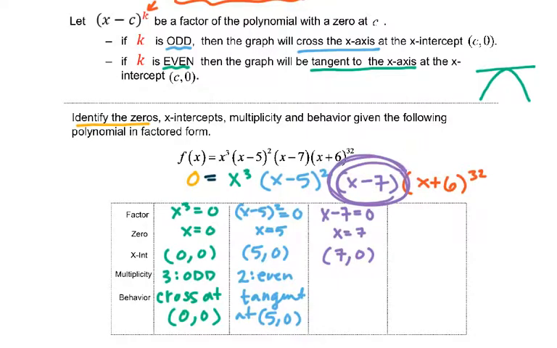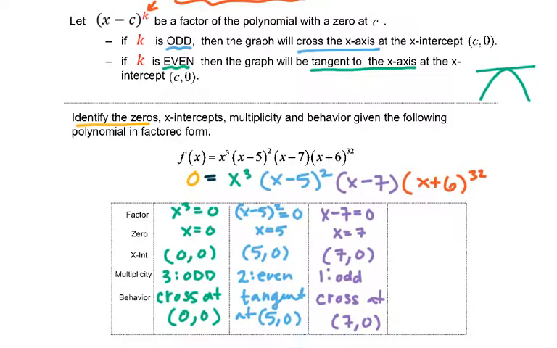There is no number visually that we can see, but we know there's an invisible 1. There's one of those factors. So in this case, we have an odd multiplicity. Odd multiplicity means we cross the x-axis at 7, 0.